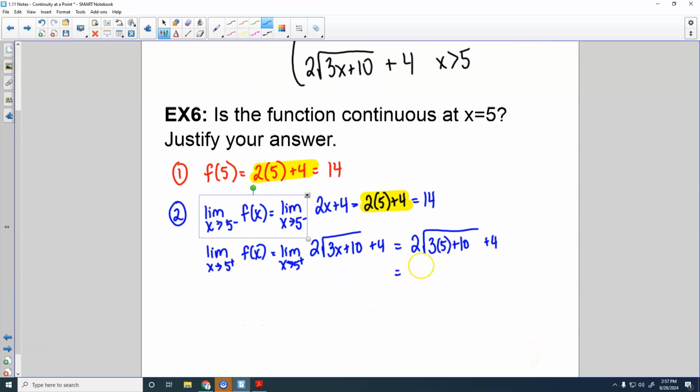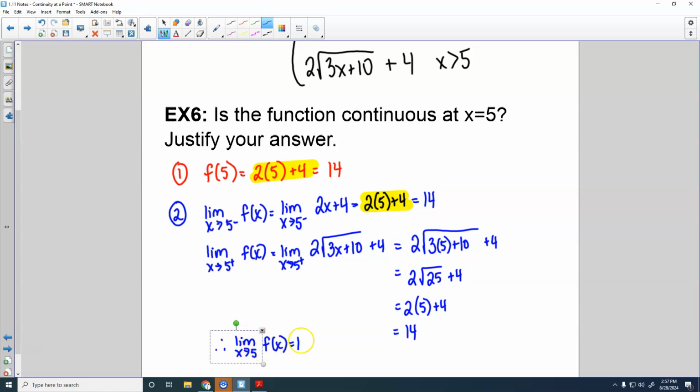This one is going to require me to write down a little more. 3 times 5 is 15, plus 10 is 25, so you got 2 times the square root of 25, plus 4. What is the square root of 25? 5, plus 4, and what are we going to get? 14. Okay, so we got the same number for everything. It's good to say, therefore, the limit as x approaches 5 from both sides of f of x equals 14.